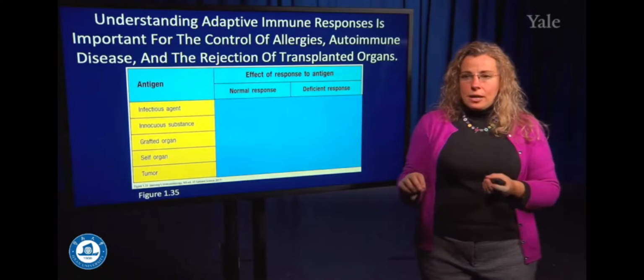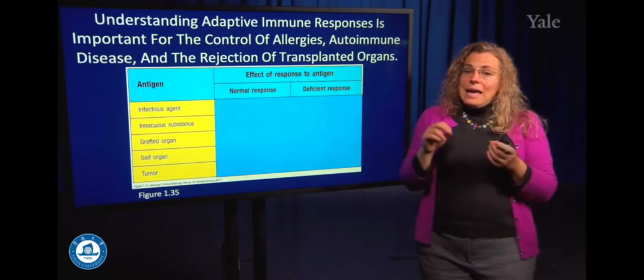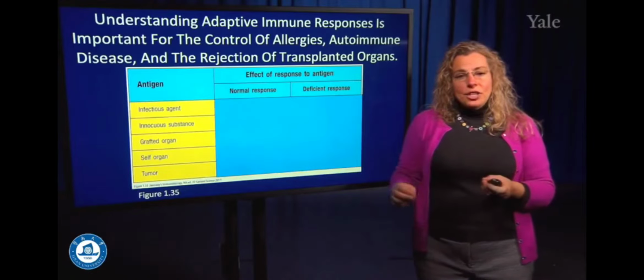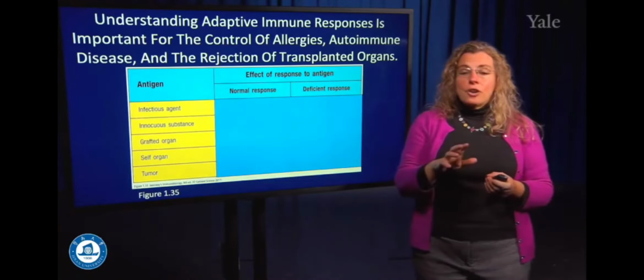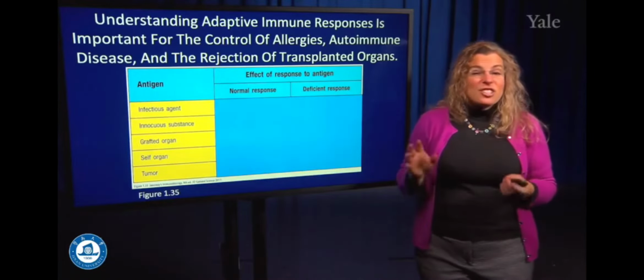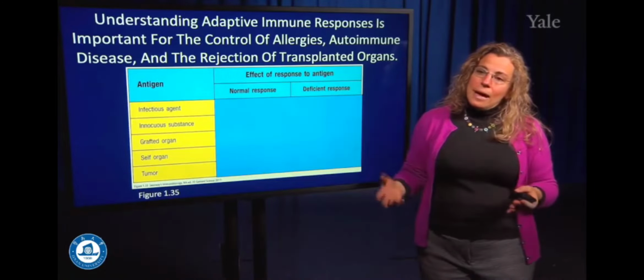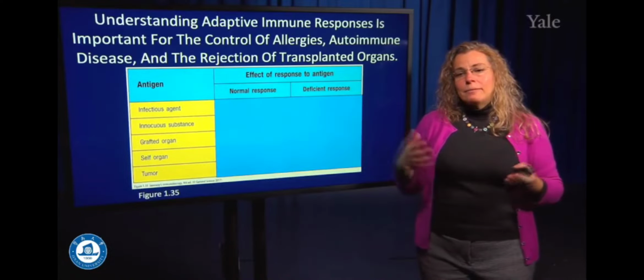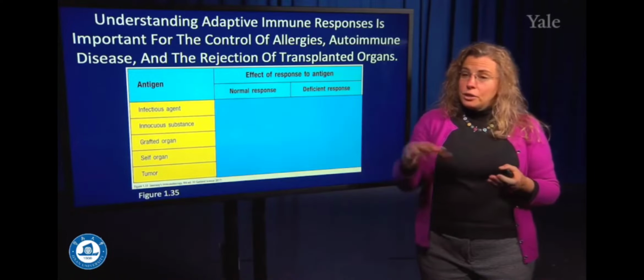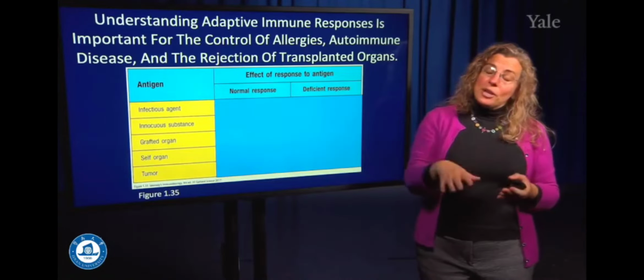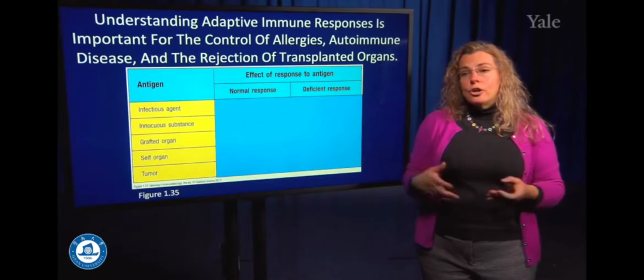It's aggressive, it really wants to fight the infection, so if you tell it to turn on, it actually doesn't really want to turn off. So a lot of what you're going to learn about with the immune response and the adaptive immune response is not only turning it on, but then turning it back off.